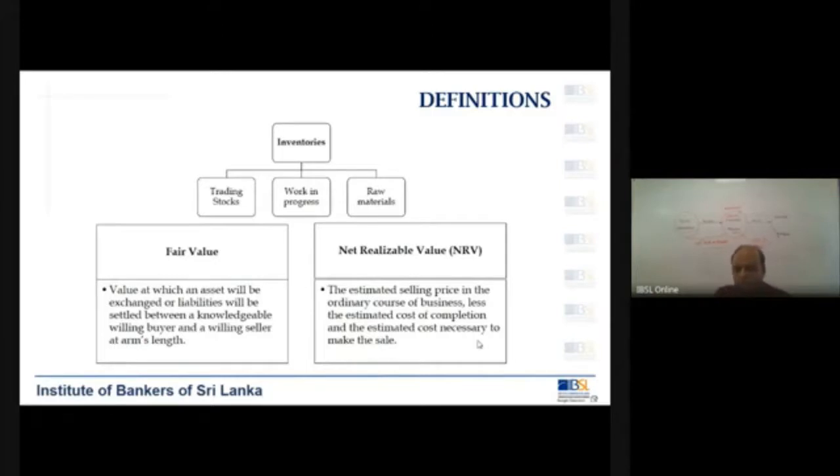Right. Then we come to an important term which is the fair value and the net realizable value. Fair value I am not going to talk about over and over again, which you already know. But the new term that we are going to learn is the net realizable value. What do you mean by that?